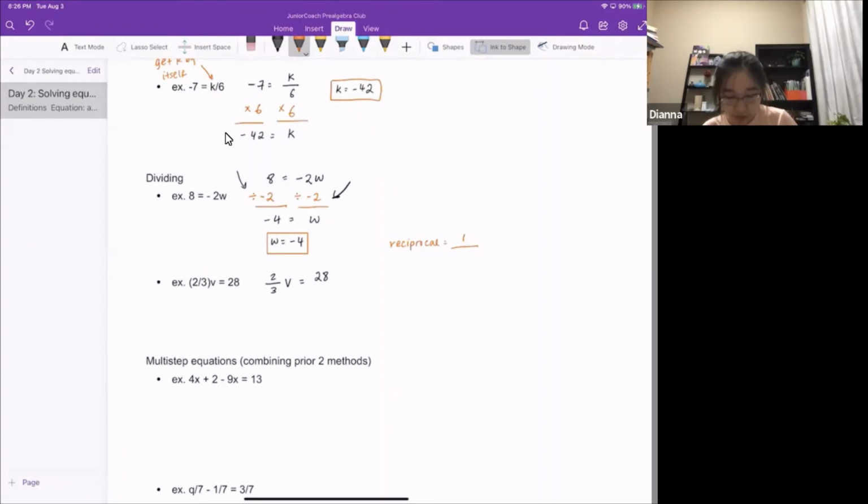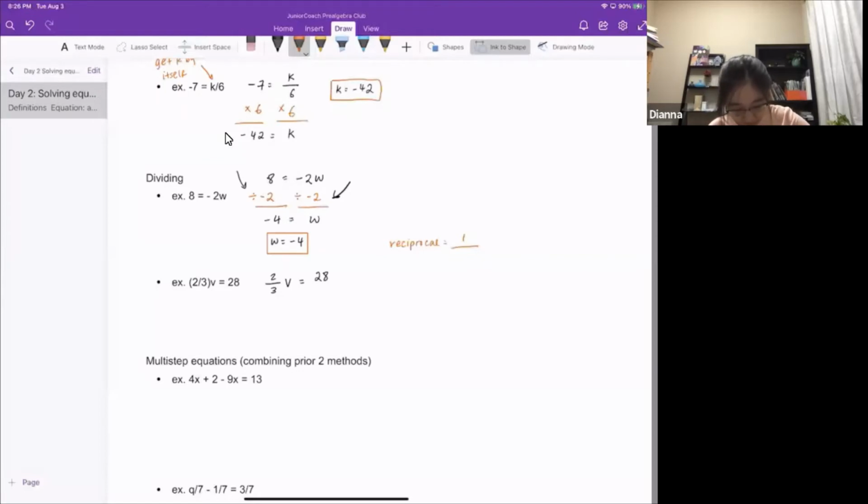And I'm not sure if you've done fraction division, but when you divide by 2/3, that means you're multiplying a number by the fraction that's flipped. So 3 divided by 2 rather than 2 divided by 3. So this is a reciprocal. And so here, if I want to get V by itself, I'm going to divide each side by 2/3.